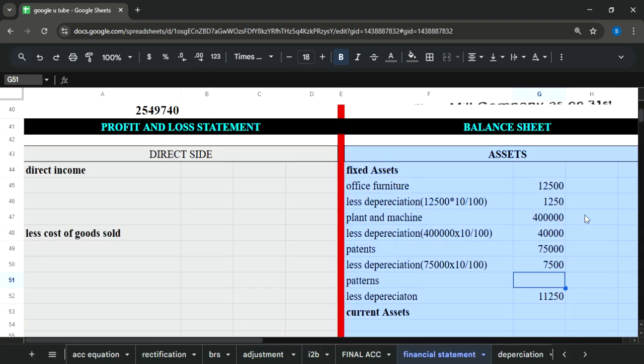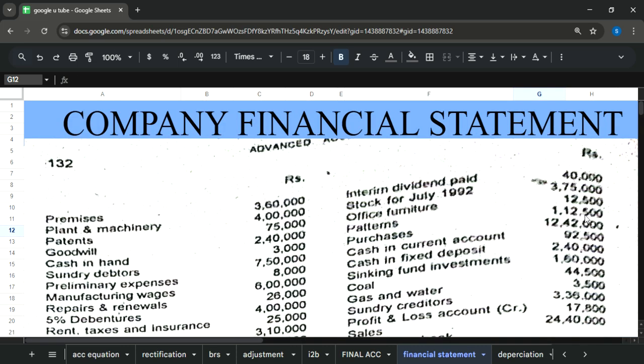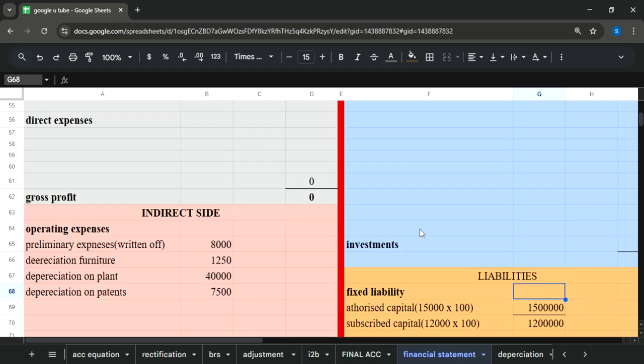112,500. That's all. Okay, now we will be focusing on operating expenses, and here we will be recording this depreciation in operating expenses.